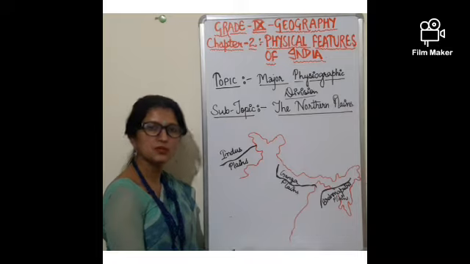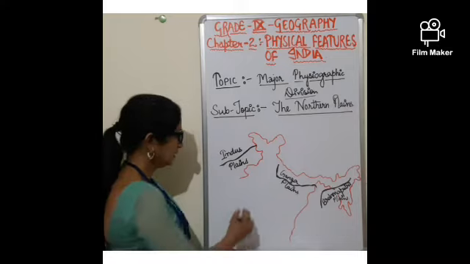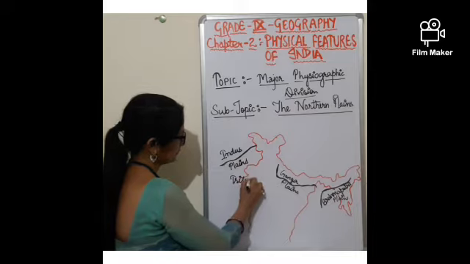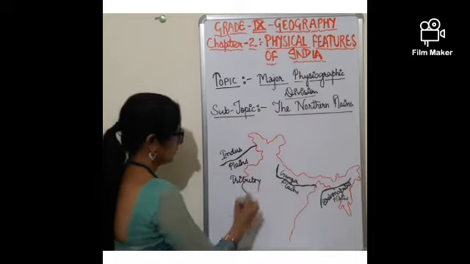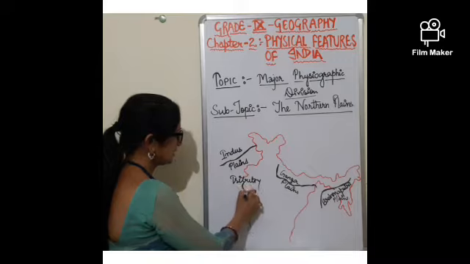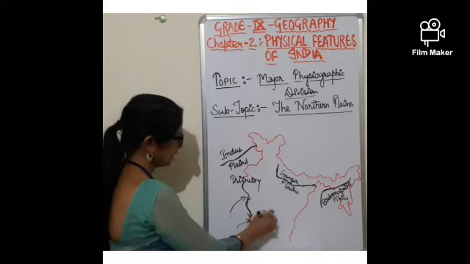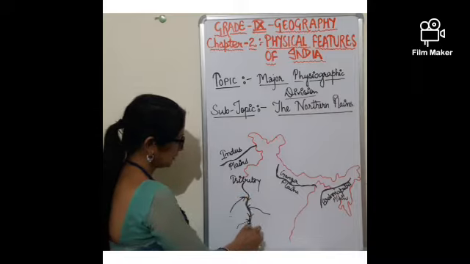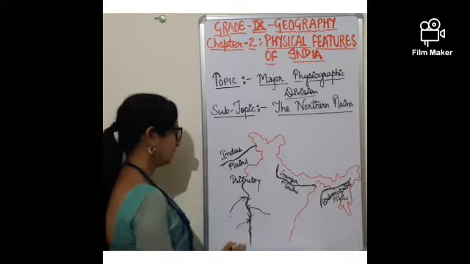Let us understand what a distributary is and what a tributary is. Suppose this is the main river flowing from one area, and another river joins on the way and increases the water level of the main river.